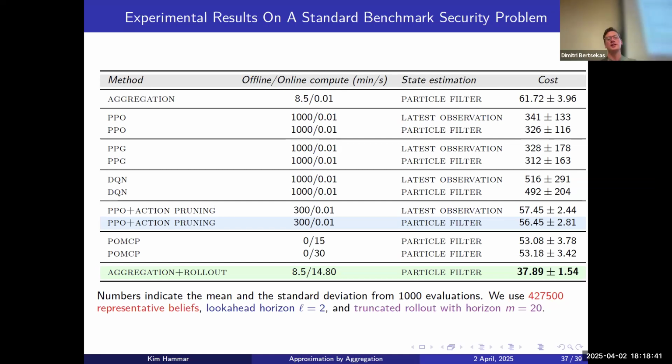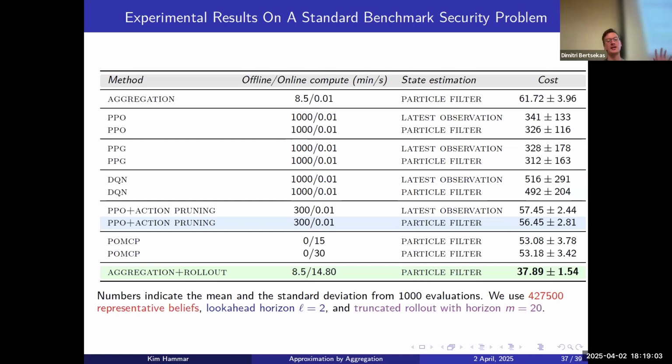Yeah, so in this case, I haven't gone into all the details here, but we have used hard aggregation for solving the aggregate problem. And then we have defined the base policy by simply taking the greedy policy for the aggregate problem and mapping that to the corresponding belief in the original problem using the nearest neighbor mapping.